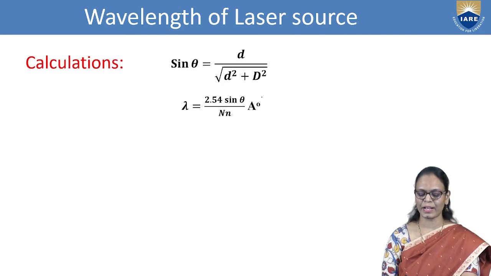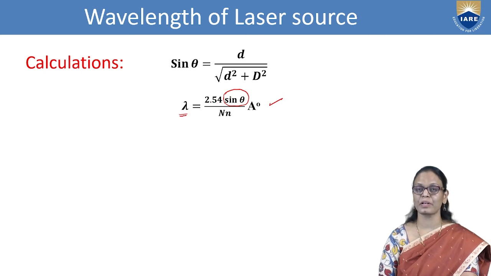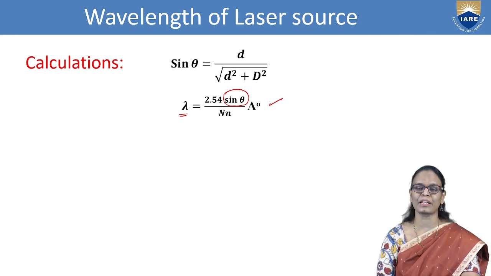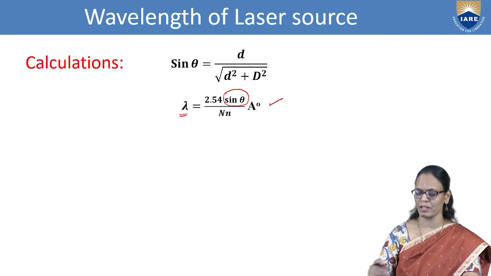So calculate the value of lambda using 2.54 sine theta upon small n into capital N. So using a diffraction grating, we can find the value of sine theta and then calculate lambda. So this is also one important application of diffraction grating.